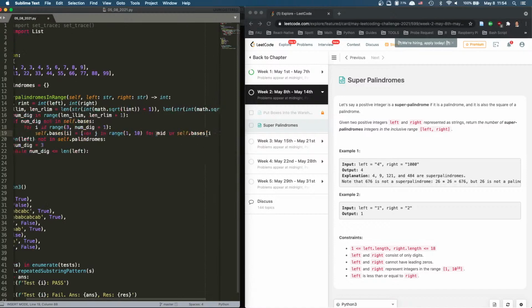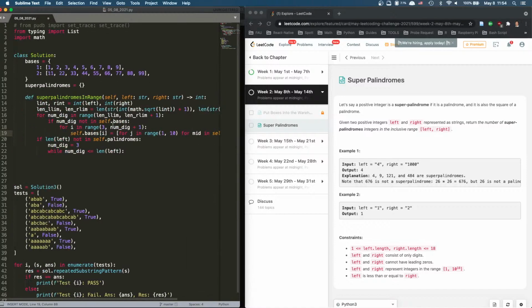Self.basis i is the current number of digits, minus 2, so we find whatever it is and we're going to append it. Hold on, we're almost there. What are we going to do?